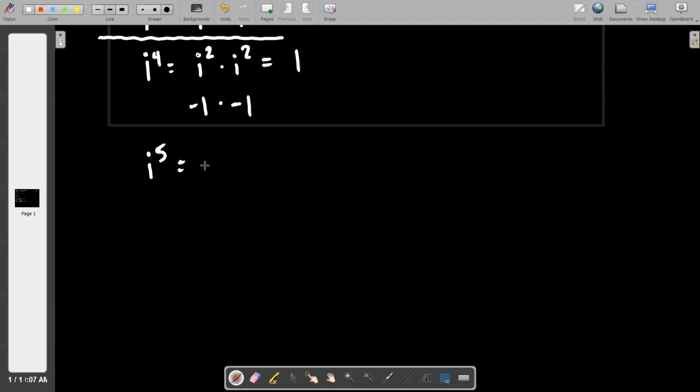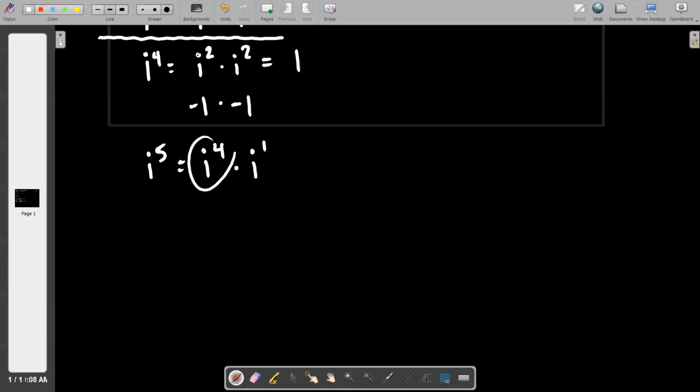How about this? What if I told you I demand that we do it this way? Why would I demand that of you? There's a really good answer to this question. We love i to the fourth. Who is i to the fourth? He's 1. And so every time I can grab a chunk of i's that equals 1, sign me up for that. That's the cleanest and best way to do this.